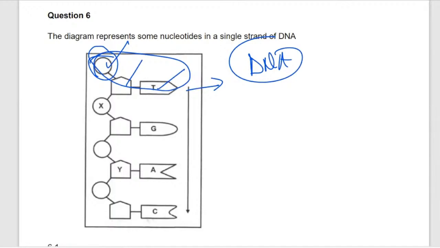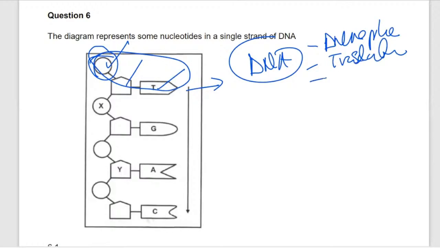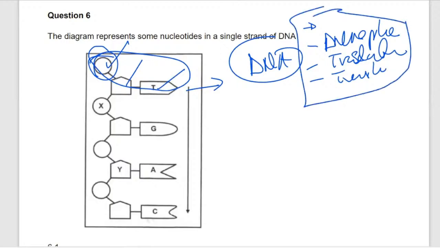Challenge: don't go to the paper without knowing DNA replication, translation, and transcription. One of them will come. I won't tell you which one, but one will come. We're going to discuss the paper after. You'll know.